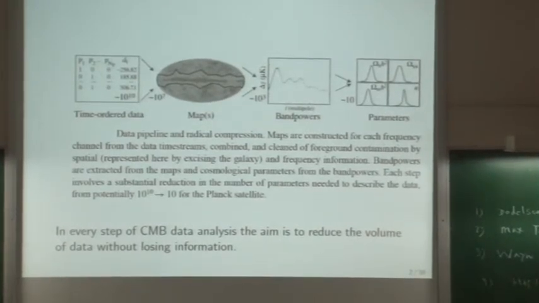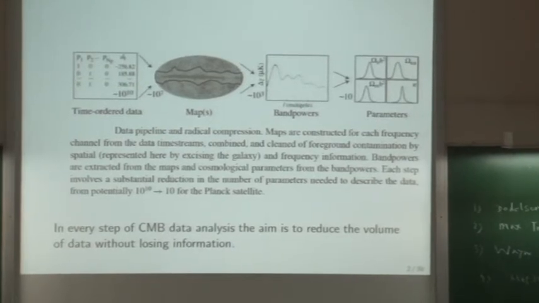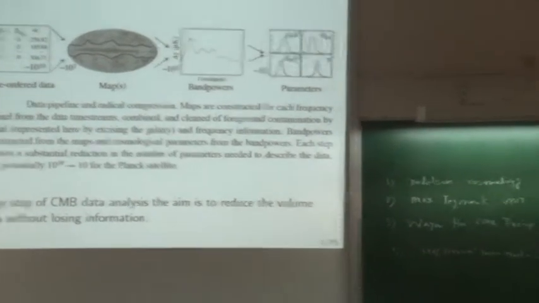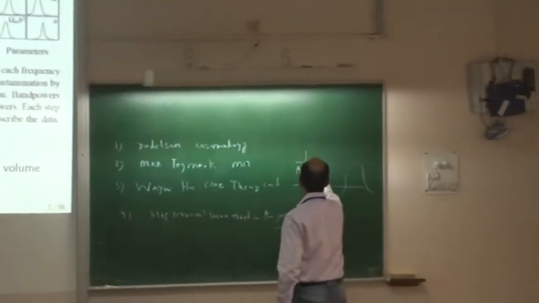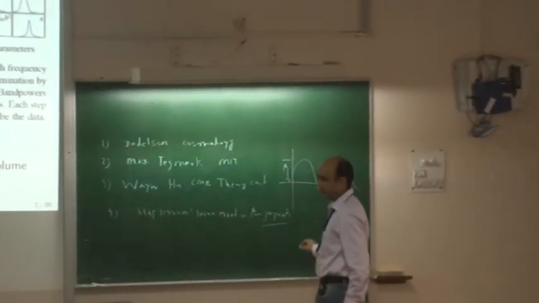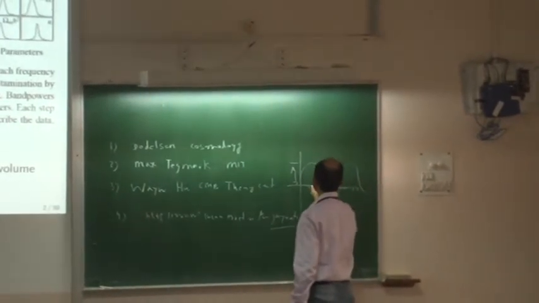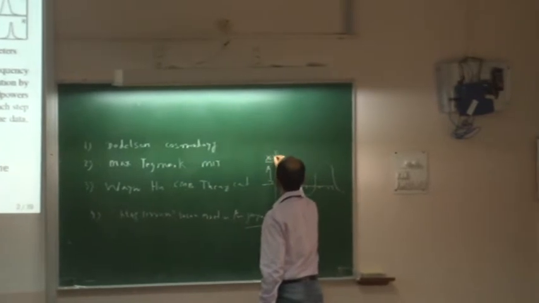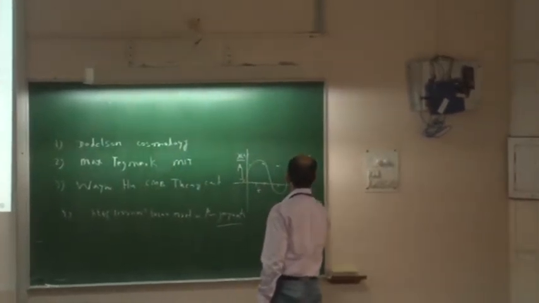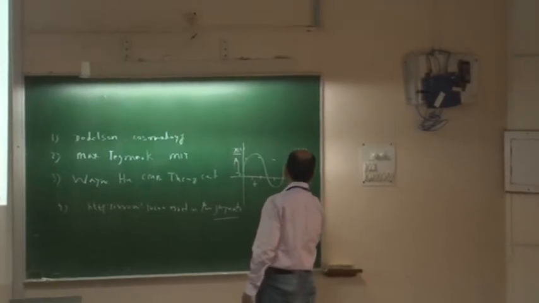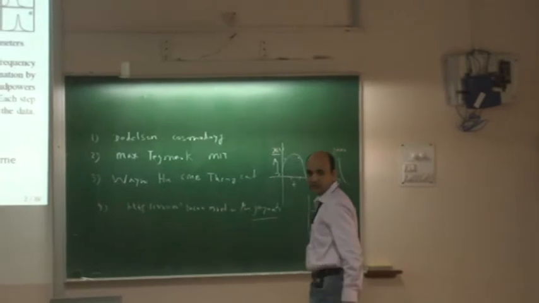I will give just a simple example. This is a sinusoidal curve. It has an amplitude and it has a frequency. If you have these many data points, this is time and this is x(t), for example, there may be 1000 data points, so you have t, x(t), 1000 lines of it.